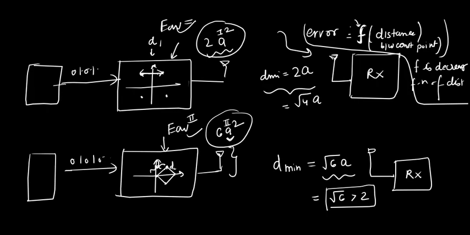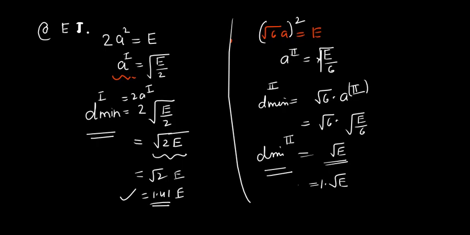So now we are first making these two energies equal, therefore A1 and A2 are the same. See, if A is fixed, the transmission power in the second scheme is more. But we compare d min of both of them with respect to energy.